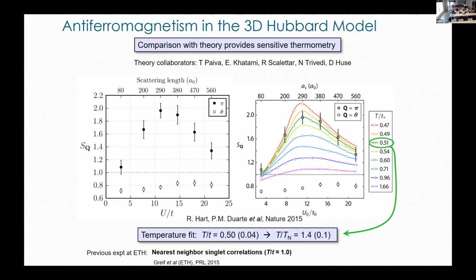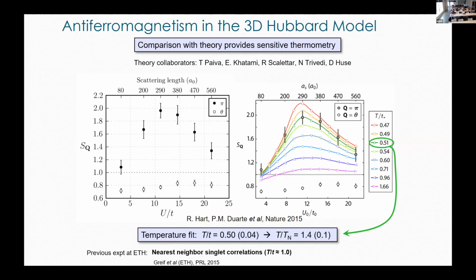All right, so our temperature fits a temperature which is relative to the Néel transition about 40% above it. So this was the first real direct measurement of antiferromagnetic order in these cold atom systems.